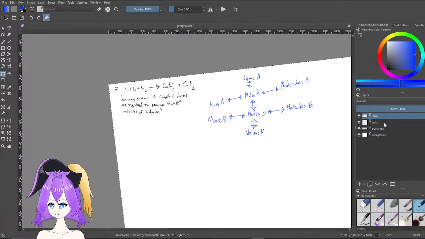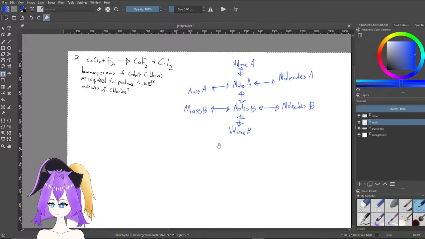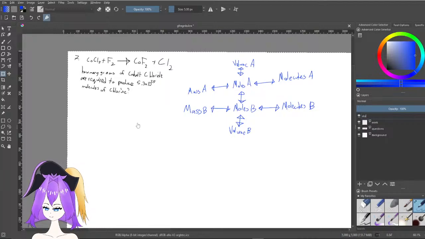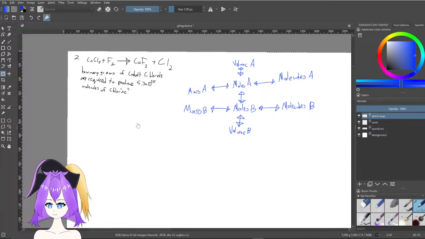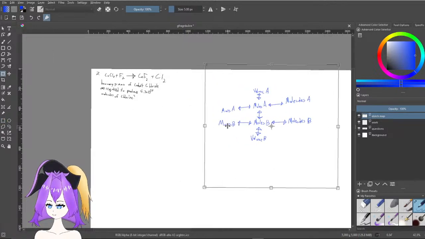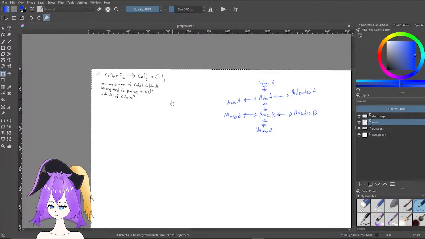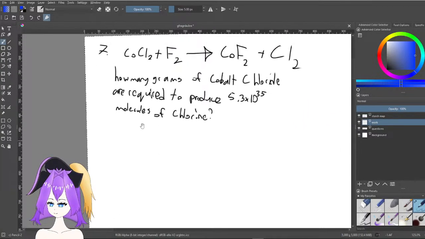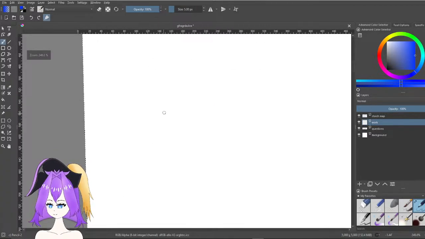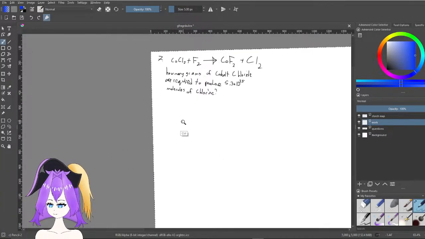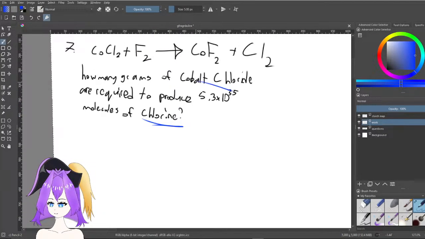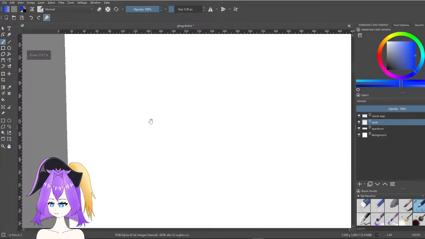Alright, so Control A. Let's move the stoic map over here. There we go. So we need to go from cobalt chloride. Okay, so we need to go backwards from chlorine to cobalt chloride. So we start with molecules of chlorine.